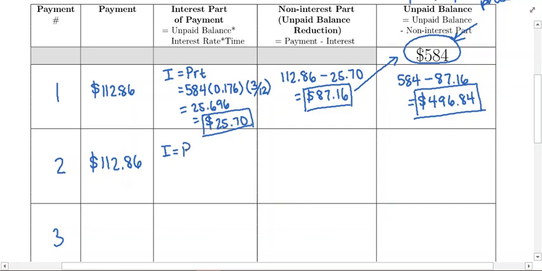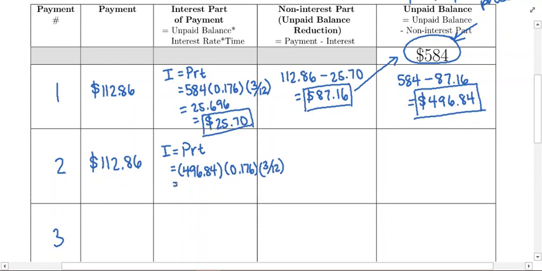How much did we still owe on the purchase price of the washing machine? We're going to use our I equals PRT. We still owed $496.84. That's our principal that we still owe on the purchase price, times R, which is 0.176. And this $496.84 has been accruing interest for 3 months, 1 quarter, so 3 out of 12 is your time.